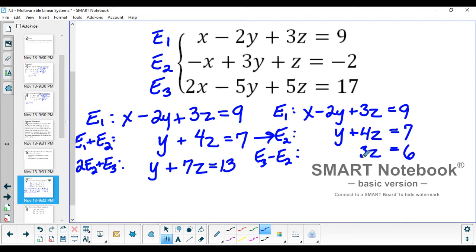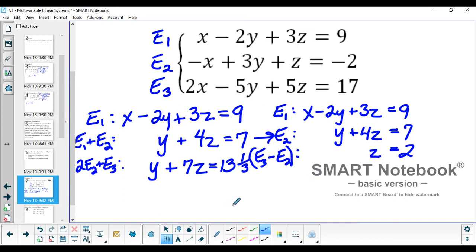But we are allowed to multiply equations by non-zero constants. So why don't I just take this whole thing, E3 minus E2, and multiply it by 1/3. Now 1/3 times 3z is just z, and 1/3 times 6 is just 2.